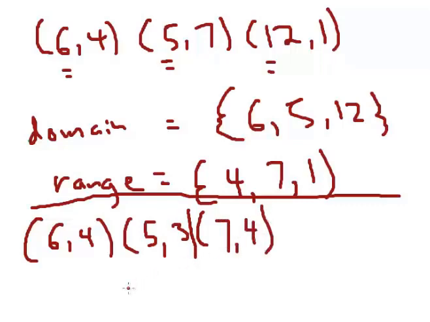Now you have 2 different x's that give you the same y. A 6 gives you a 4, a 5 gives you a 3, a 7 gives you a 4. But this is still a function, because every unique value of x gives you a specific y. Just because they're the same doesn't make it a non-function.